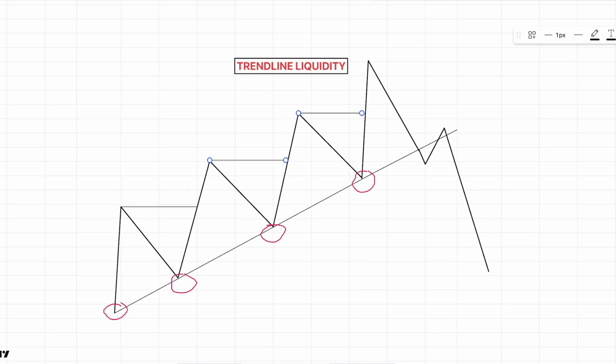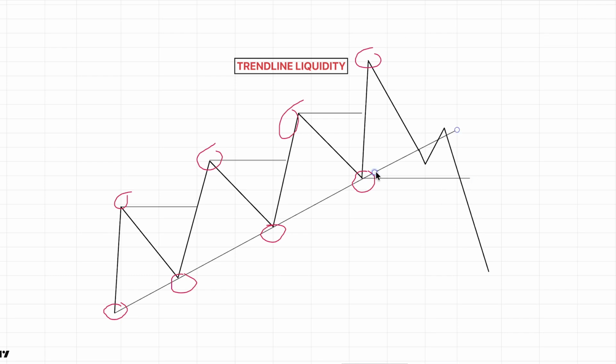So looking at this, you can see that we have a higher high here, higher high here, higher high here, higher high. Same way, higher low, higher low, higher low, higher low. So we are only expecting to see this trend change direction when we finally take out this last higher low, right?